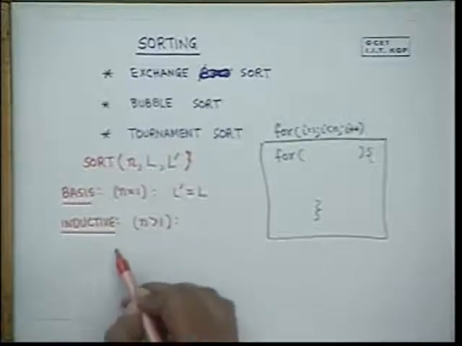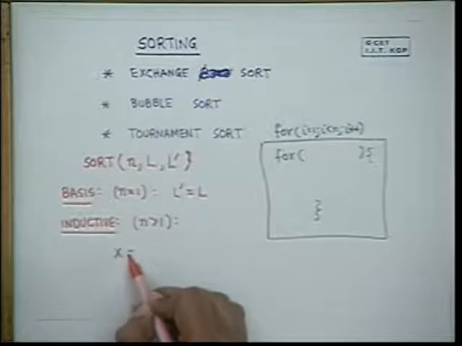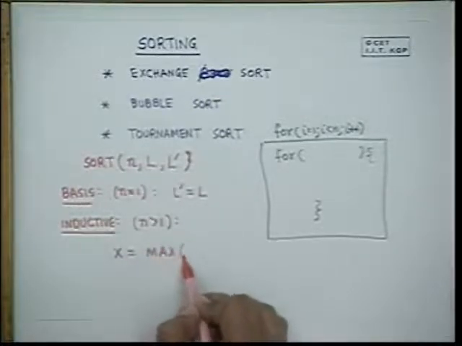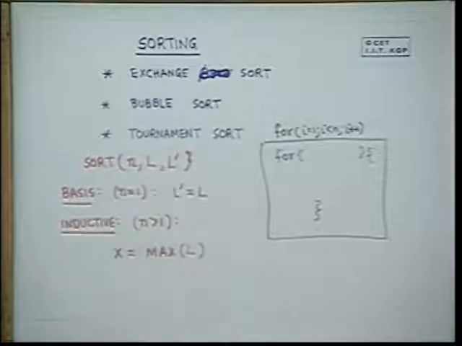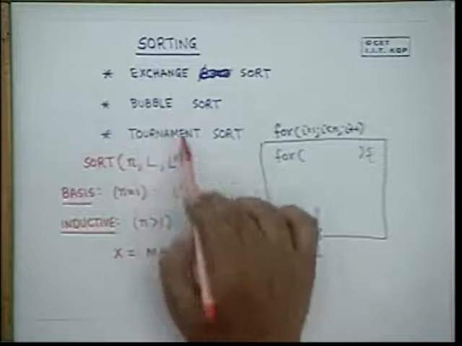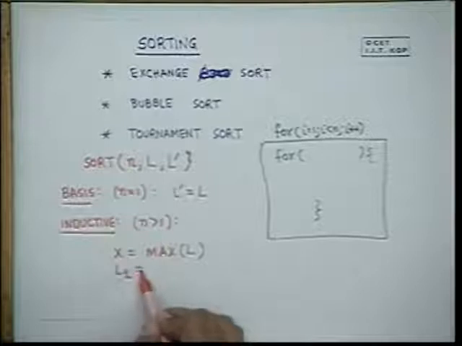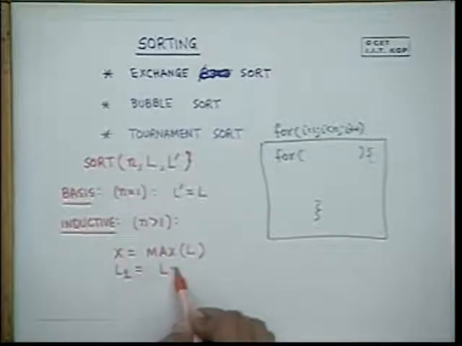Then the first thing that you do is x is equal to max of L. You find out the maximum element in all these 3. Then L1 is equal to L minus x.